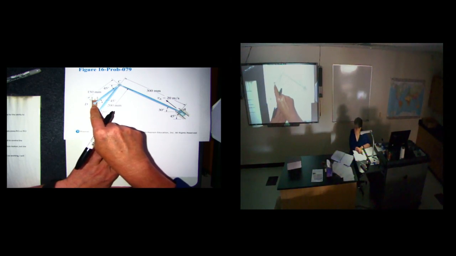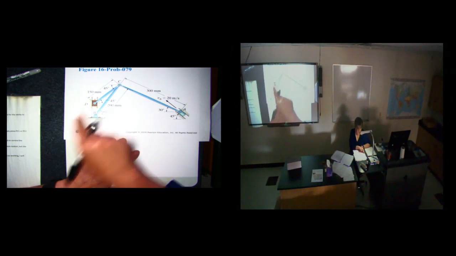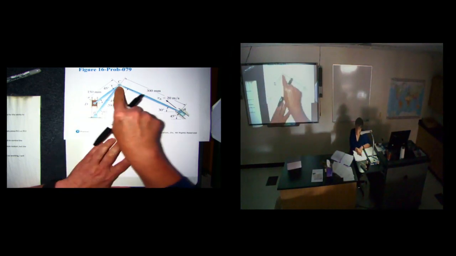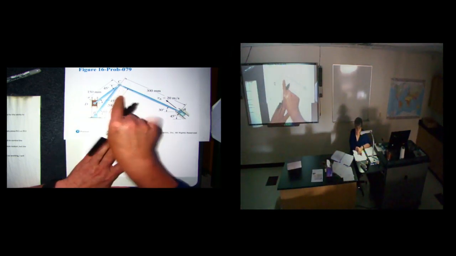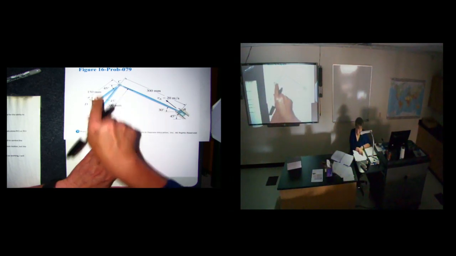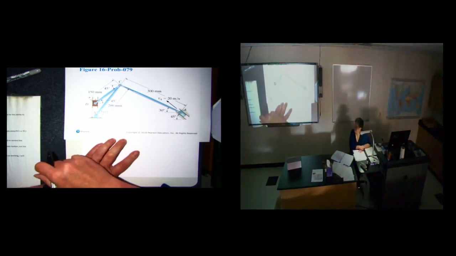Essentially what I'm doing is extending this out. I'm making my VC go this direction, so I'm going to get a 30-degree angle up here. We know that this is a 45-degree angle, and we're ultimately going to have to figure out omega CD.